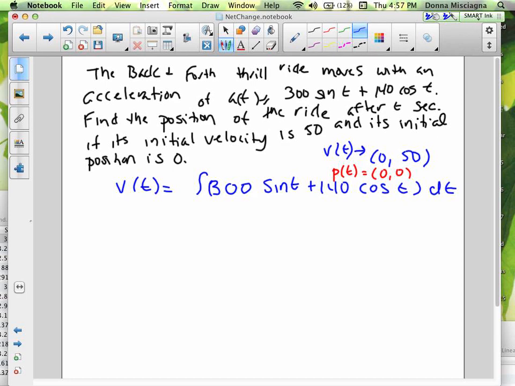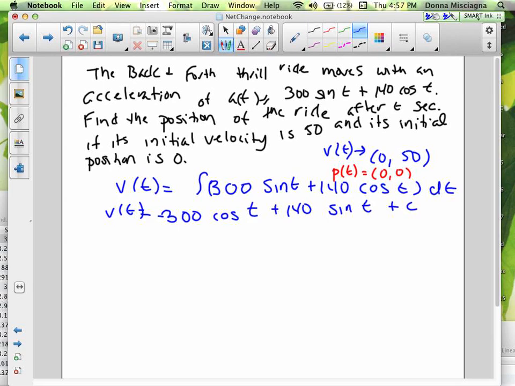Because the derivative of cosine is negative sine. So the integral must be negative cosine, because I don't have a negative there. So v of t equals negative 300 cosine t, and then plus 140 sine t, and then plus c.